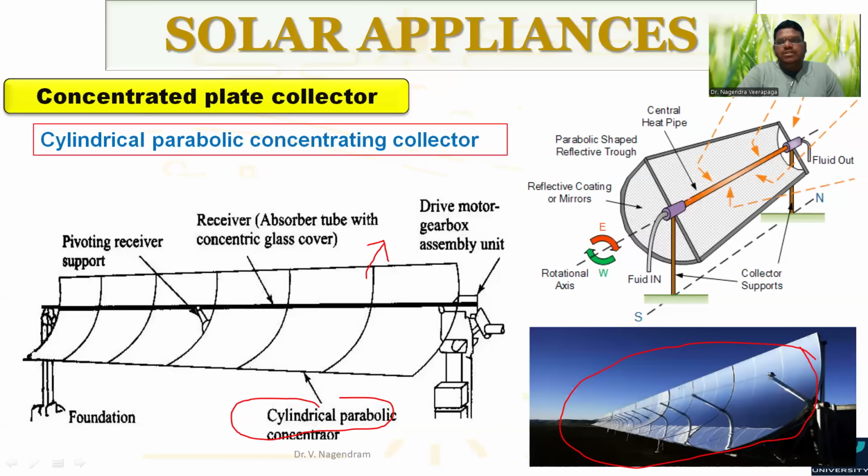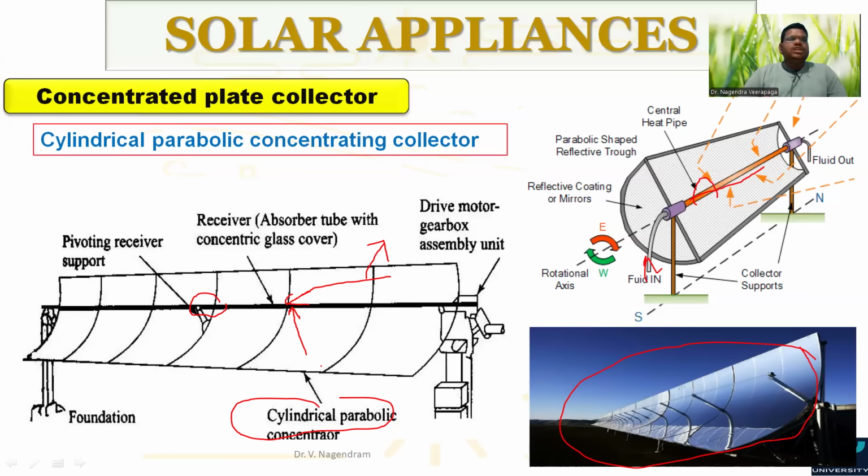Here you can see one tube at the middle. This black body is surrounded by a tube in which we get the fluid, the water, in and take the fluid out. One pipe will be there, and over the pipe we will have this black coated tube. What will happen here is these absorbing plates will reflect the solar radiation toward this black body.